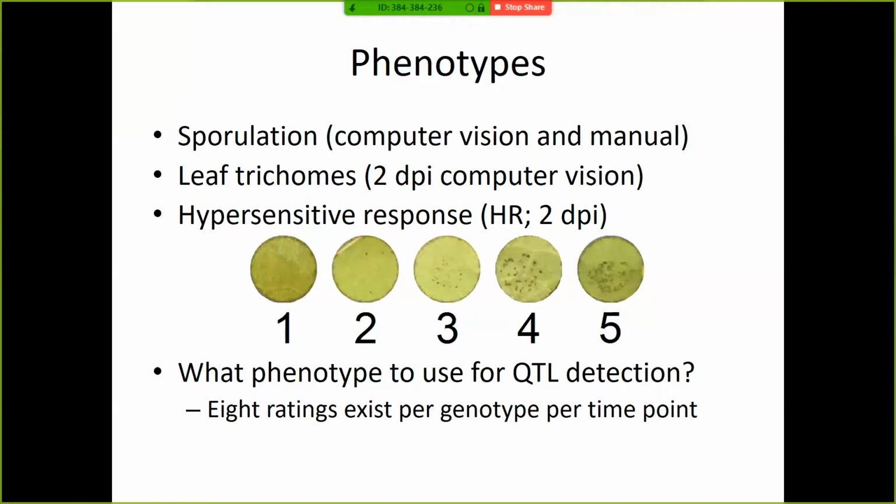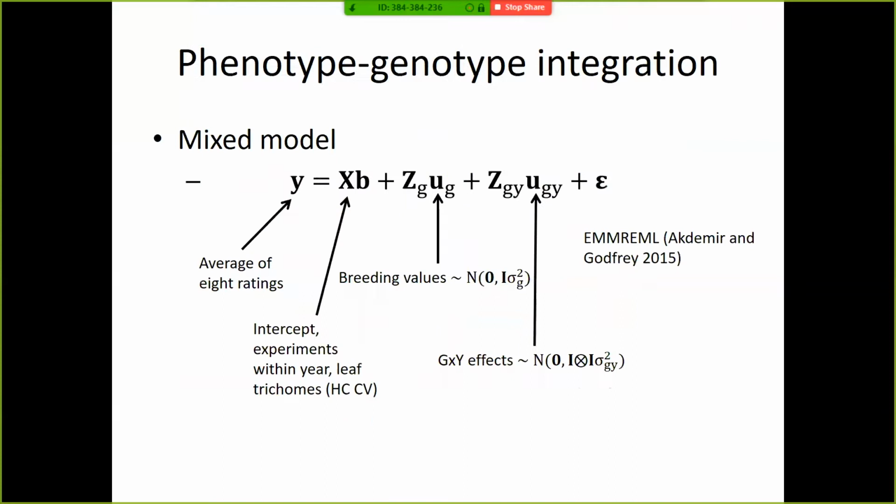So a rating of 5 has dense necrosis. And one of the questions is, what phenotype should we use for QTL detection? We have 8 ratings per genotype per experiment, and how we integrate this is with a mixed model. Our response in this case is the average of 8 ratings.